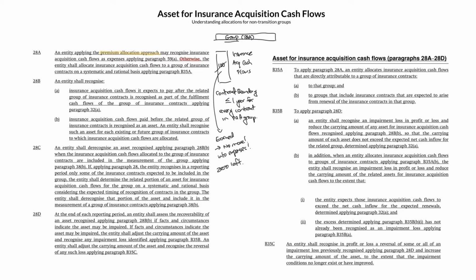And then what do you do with the remainder? It says otherwise, you allocate the remainder on a systematic and rational basis, applying paragraph B35A. That means you allocate the remainder to this group and to any subsequent renewal groups. But I'm really allocating 0, so none of this applies.